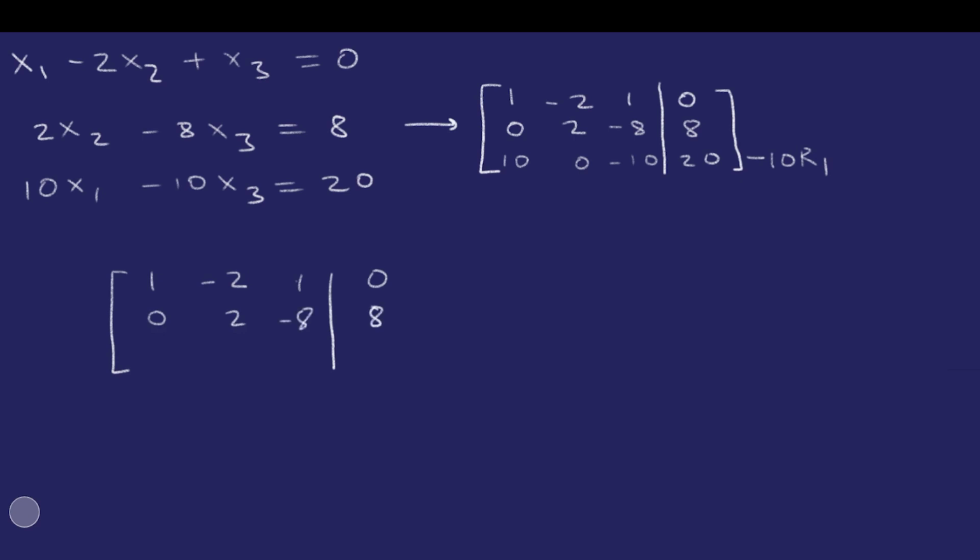These are the same. I didn't do anything. We're only modifying the third row. So far. 0, then -2 times -10 is 20, right? Yes. So this becomes a 20.